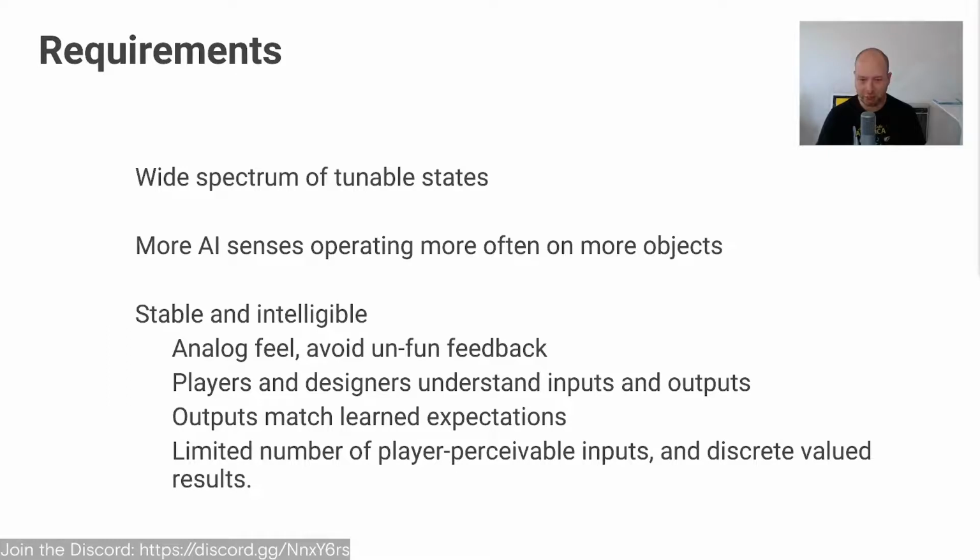And also, you want to have a limited number of things. If the user has to constantly be aware of too many things that affect the AI's behavior, eventually they'll just get overwhelmed and walk away. So in a way, you want to limit the amount of stimulus that your AI can perceive, because if not, the user gets overwhelmed, right? Like, oh, I have to pay attention to everything, and that's annoying, right?